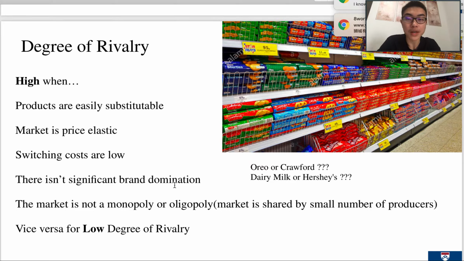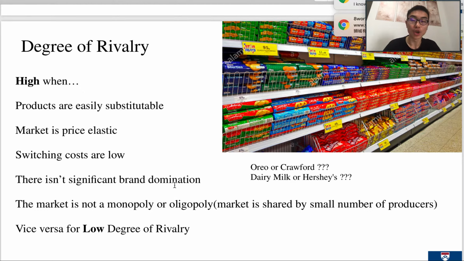And the market must not be a monopoly or oligopoly. Monopoly and oligopoly are a bit confusing in the modern-day context because we don't really have a pure monopoly. Most companies are actually oligopoly, which means market share is held by a number of producers. Everybody knows Coca-Cola and Pepsi, so two of them are dominating the Coke market.